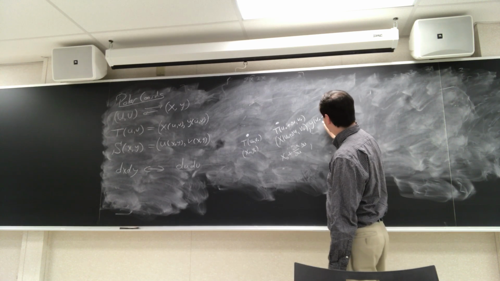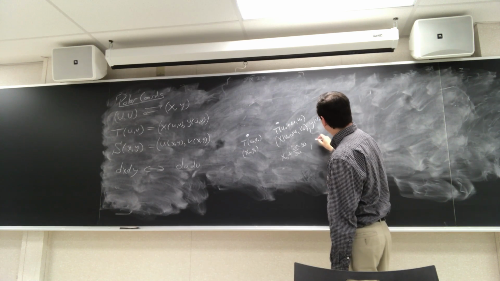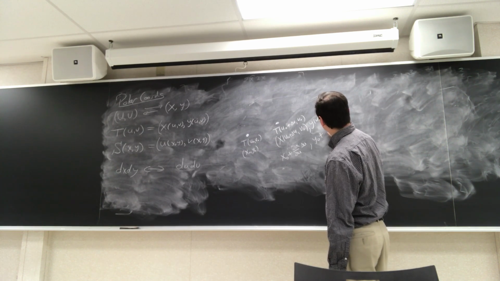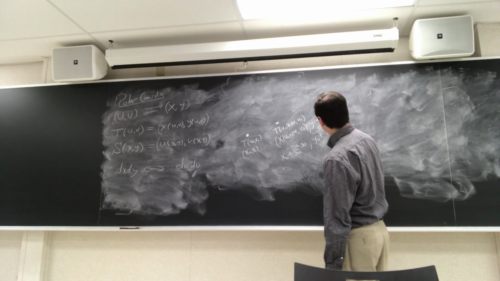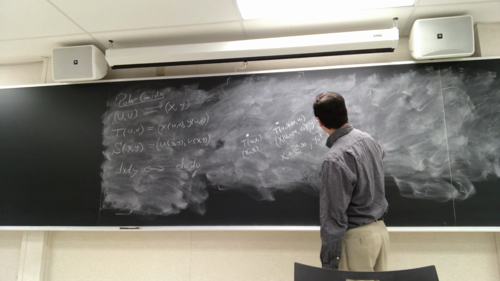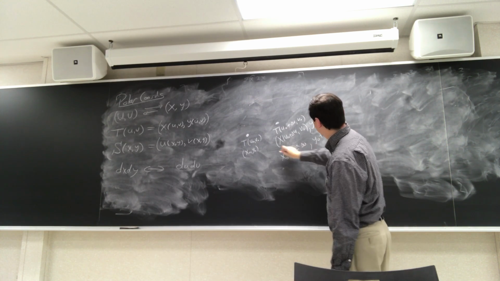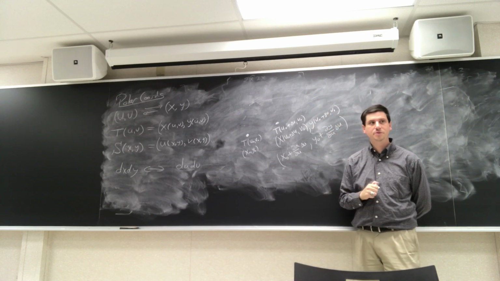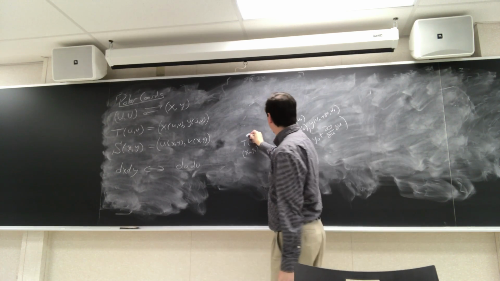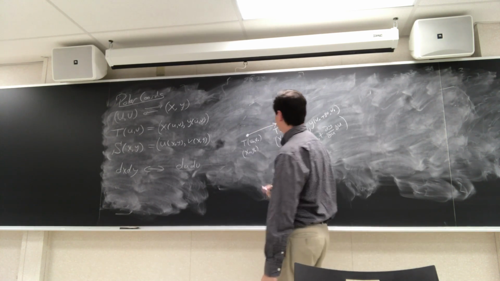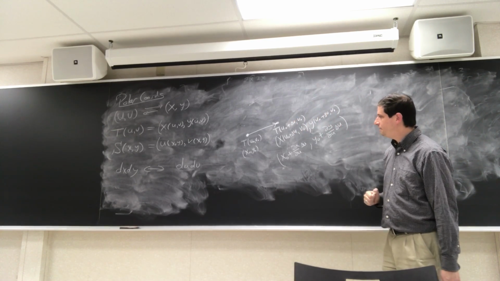And now what about the second component? It would be y naught plus dy du delta u. And that would be the change. And so if I want to look at this vector, what would be that vector?